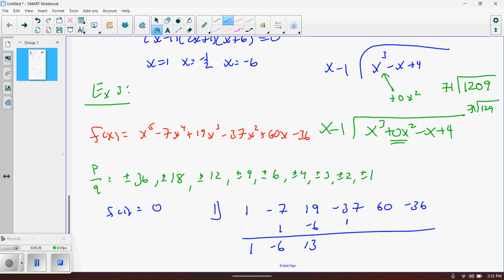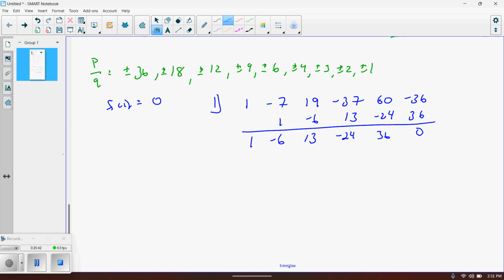Multiply by 1, put that there, add. Multiply by 1, put it there, add. Multiply by 1, add.